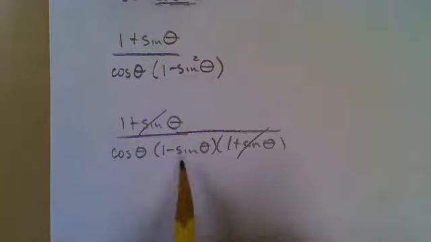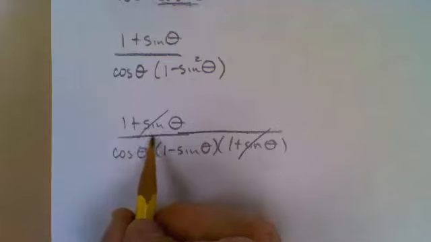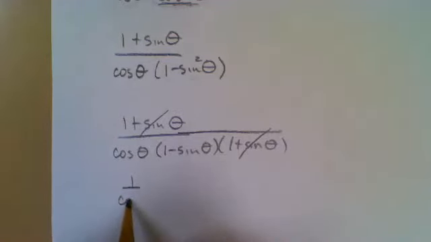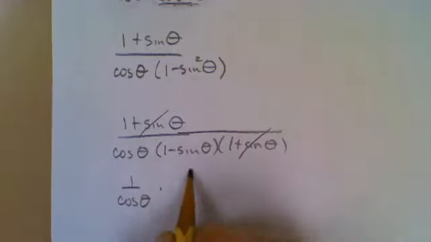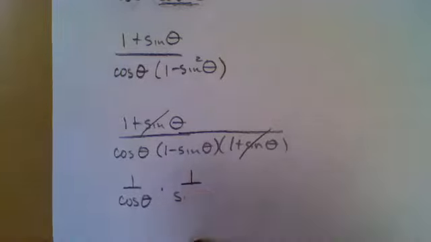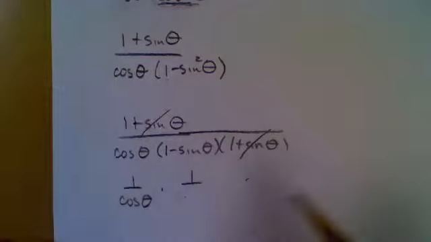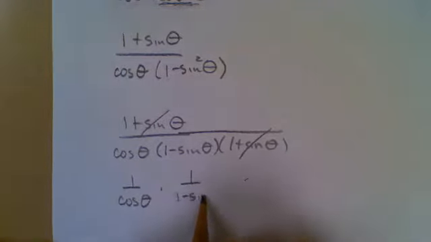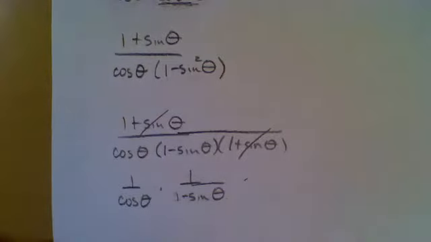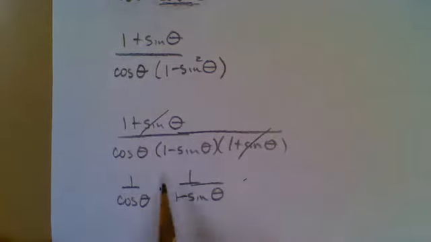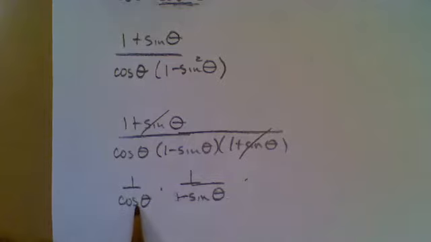So I'm just going to rewrite this to show what's going on. I'm going to rewrite this as 1 over the cosine times 1 over 1 minus sine. Again, I'm just breaking it up. I haven't changed anything. That's still cosine times 1 minus sine on the bottom.